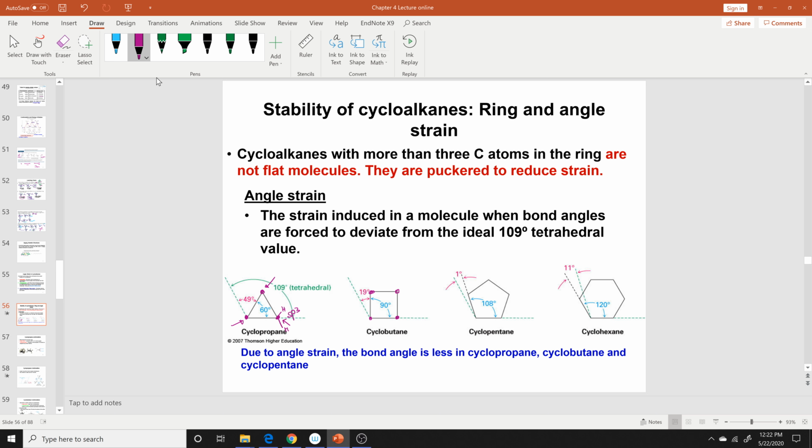This is why 1 or 2 carbons from these cycles will be pointed out of the plane. That type of conformation, we call a puckered conformation. This type of conformation is needed just to make sure that the cycles exist in their most stable conformation.